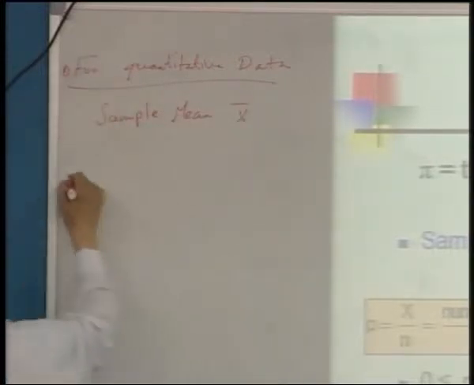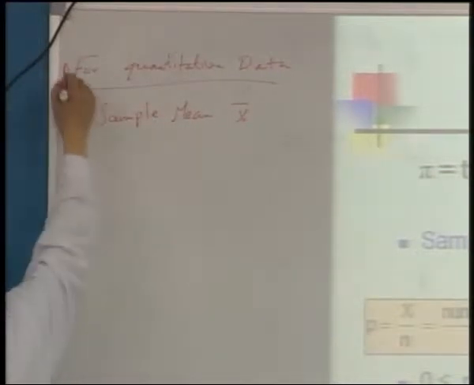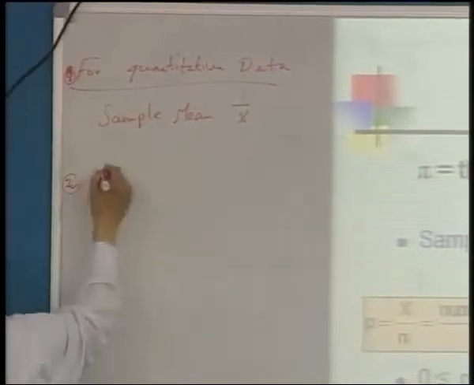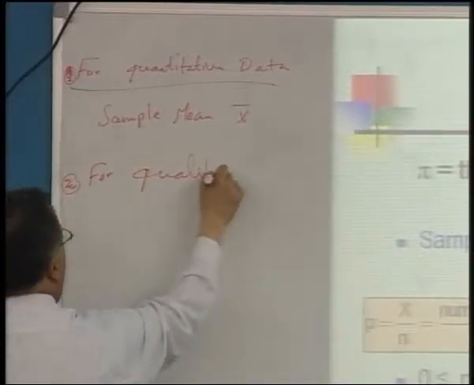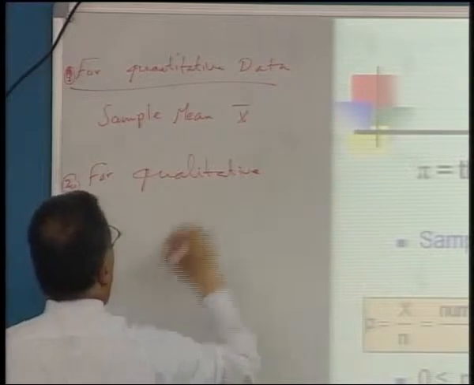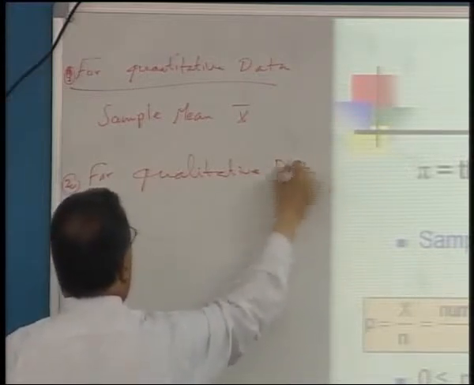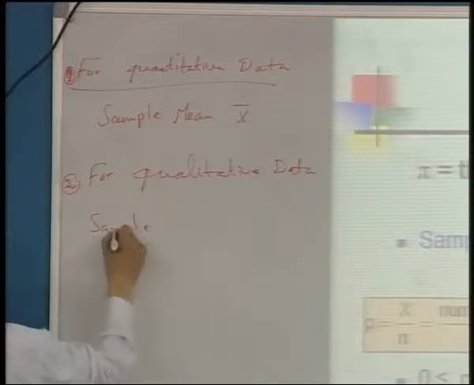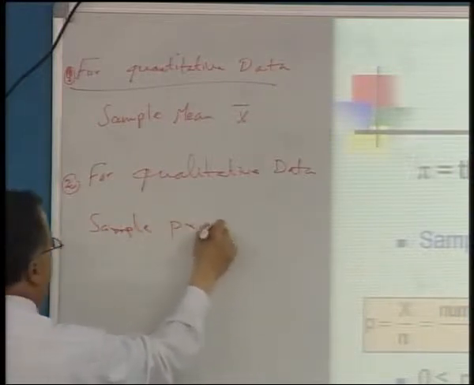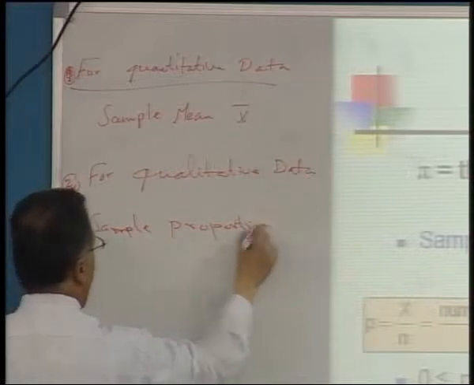This is number one. Number two, if we talk about qualitative data, in this case we talk about sample proportion.